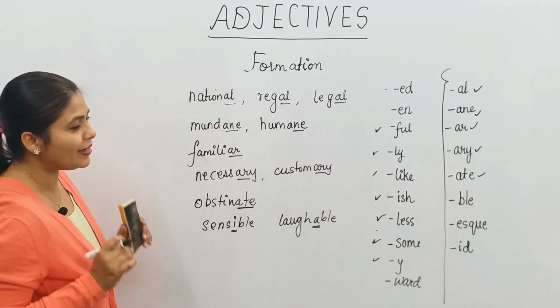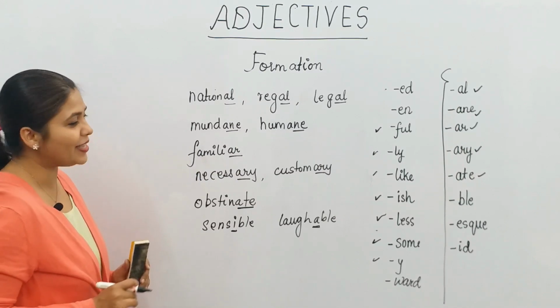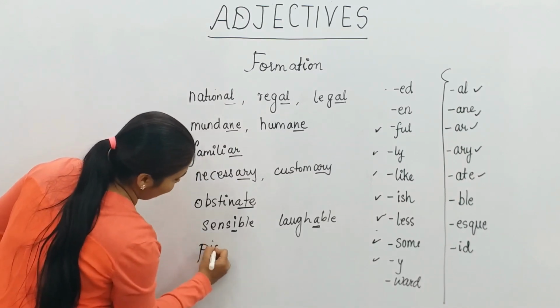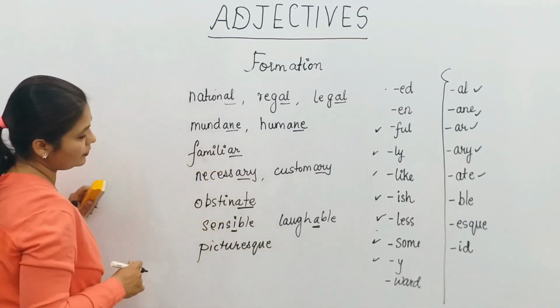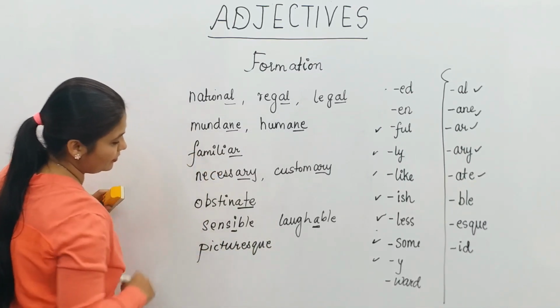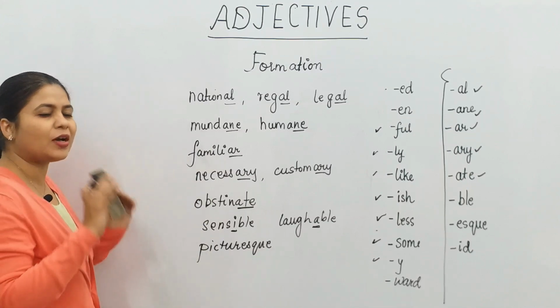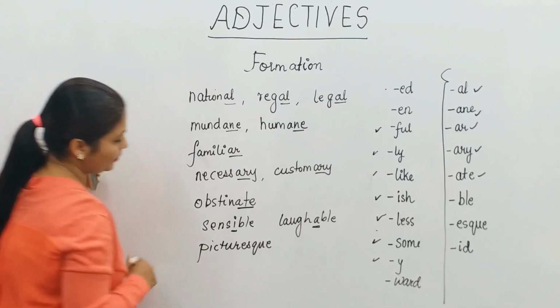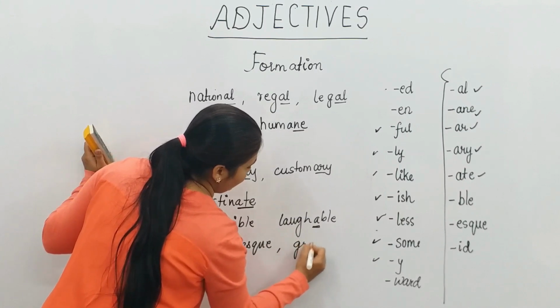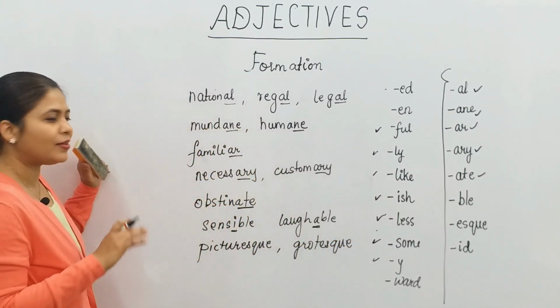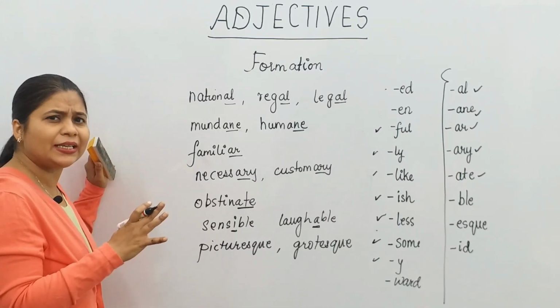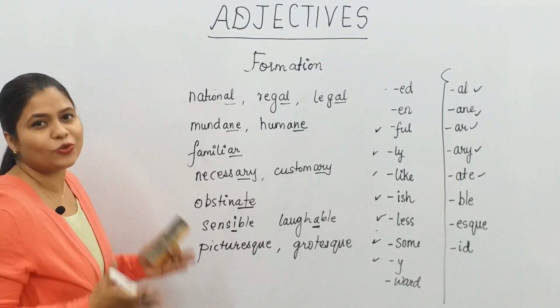Esque, Latin origin, pronounced as esque. Let's write the word for you. Picturesque, very beautiful, amazingly beautiful sight. Grotesque, something ugly, really ugly, or ugly in a humorous way.